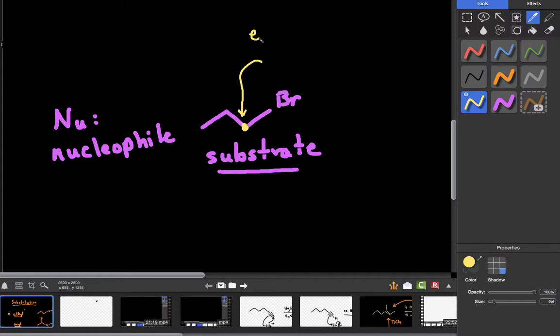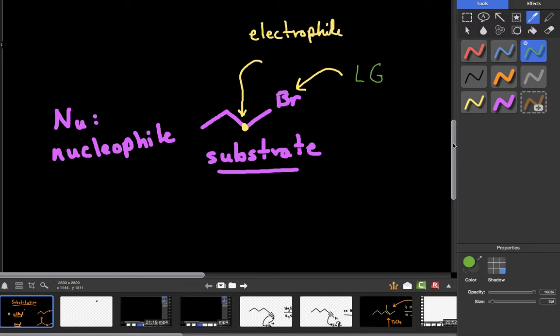This is going to be our electrophile. And the halide itself is the leaving group. I'm just going to abbreviate that as LG.